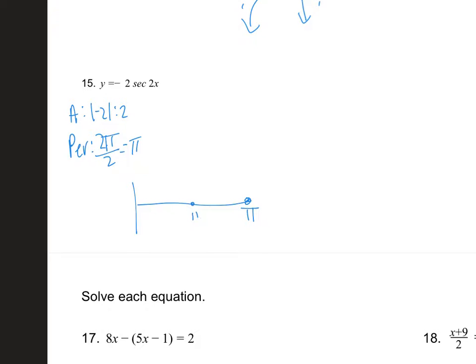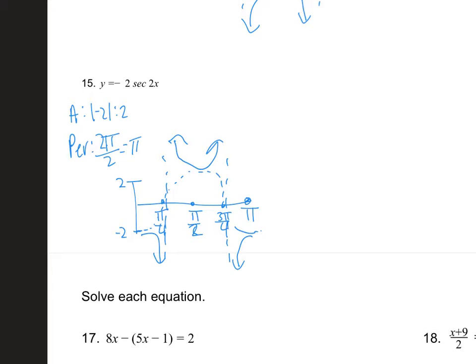It's 1/2 a pi, 1/4 of a pi, 3/4 of a pi. Alright, so we're going to do a dotted cosine graph. It starts down because of the negative. Draw in our asymptotes. Draw in our humps, remembering that the graph goes along the asymptotes.